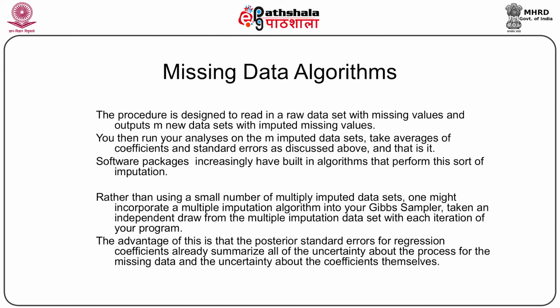Rather than using a small number of multiply imputed data sets, one might incorporate a multiple imputation algorithm into a Gibbs sampler, taking an independent draw from the multiple imputation data set with each iteration of your program. The advantage of this is that the posterior standard errors for regression coefficients already summarize all of the uncertainty about the process for the missing data and the uncertainty about the coefficients themselves.